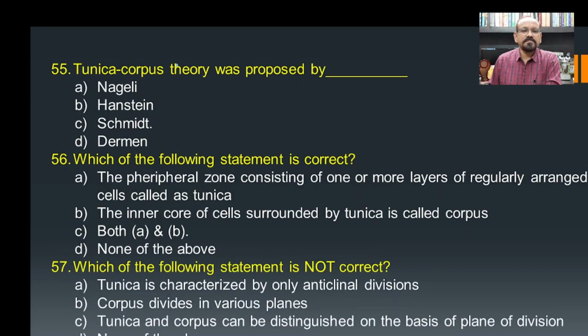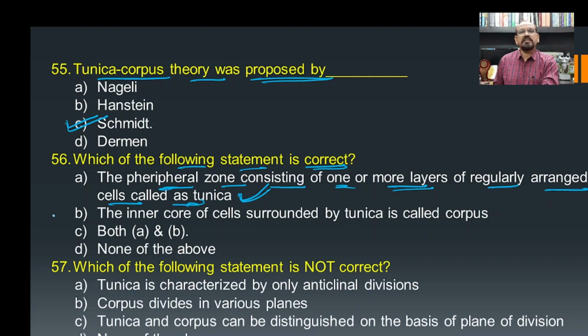Then the tunica corpus theory was proposed by. The tunica corpus theory was proposed by Schmidt. Then which of the following statements is correct? That the peripheral zone consisting of one or more layers of regularly arranged cells is called the tunica. This is correct, because it is the definition or the meaning of the tunica.